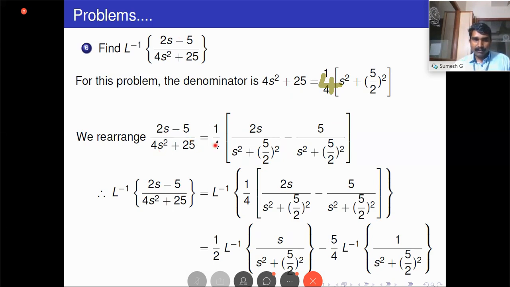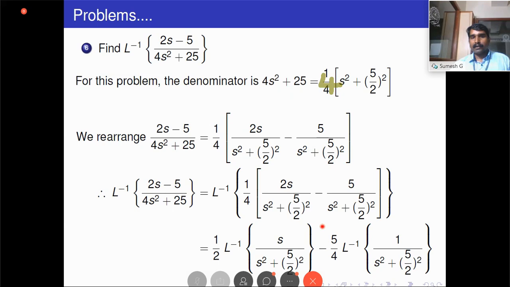This 4s square plus 25 can be replaced by 4 into s square plus 5 by 2 whole square. Just substituting, we split into two terms. So it becomes 1 by 4 into 2s by s square plus 5 by 2 whole square minus 5 by s square plus 5 by 2 whole square. Now we can find the corresponding inverse Laplace transform.